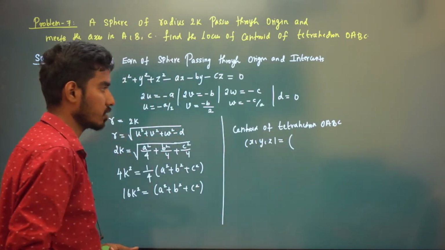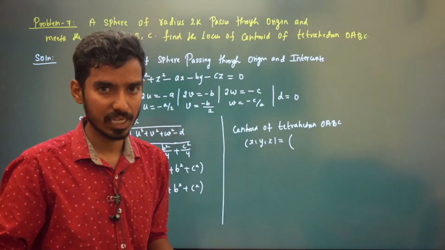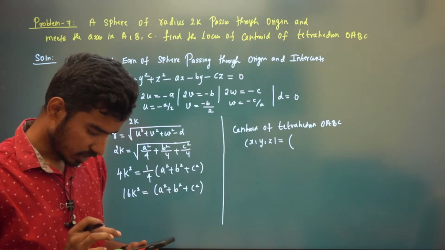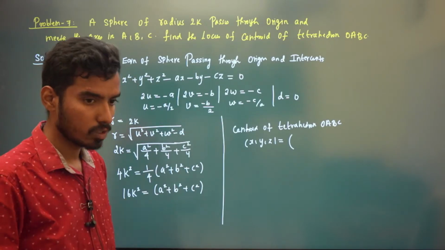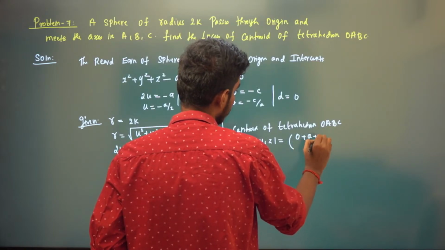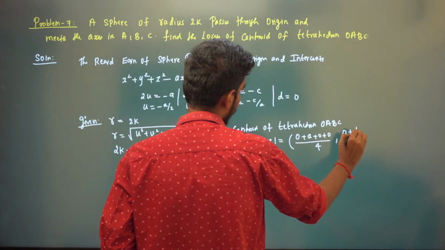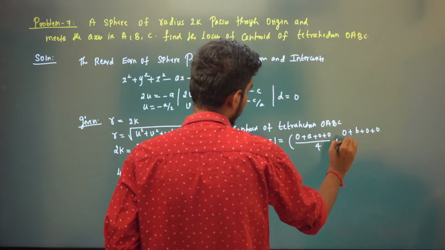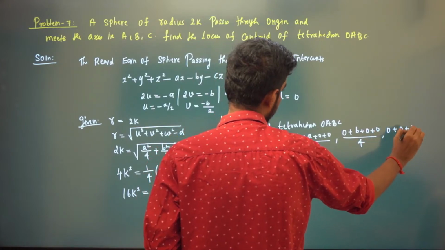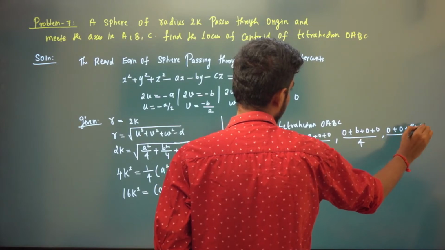So it is x1 plus x2 plus x3 plus x4 divided by 4, that is 0 plus 0 plus a plus 0 divided by 4, y1 plus y2 plus y3 plus y4 divided by 4, z1 plus z2 plus z3 plus z4 divided by 4.